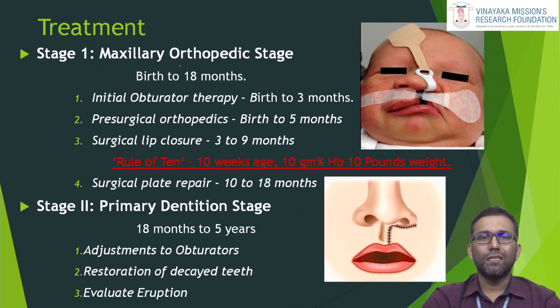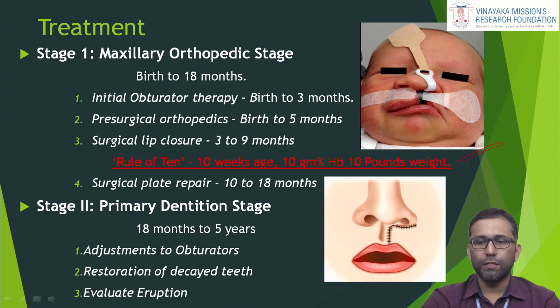Now that's something called pre-surgical orthopedics. The picture that you're seeing here is of pre-surgical orthopedics, also called naso-alveolar molding, or NAM. It's a vast topic in itself, but the brief thing I would like to explain is that it tries to mold the tissue as well as bone to get it approximated as close as possible, so as to avoid scar formation and give a better aesthetic result in the future.